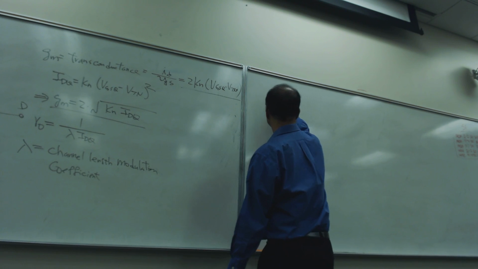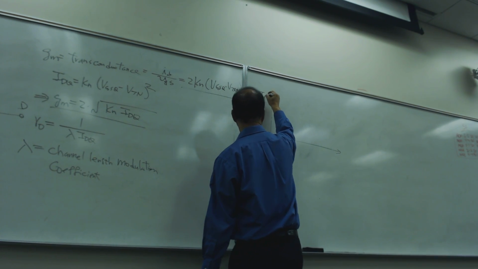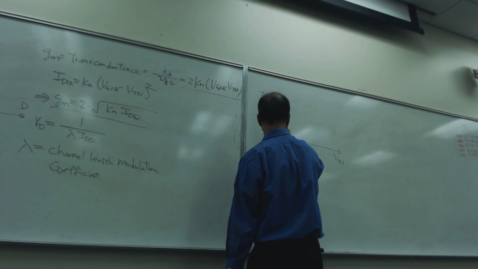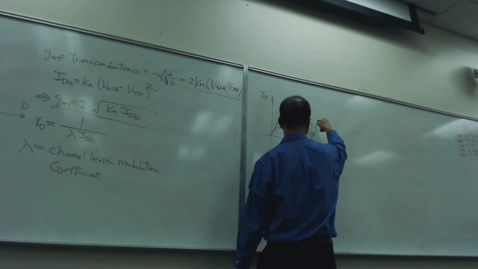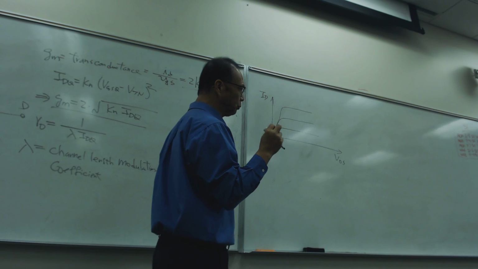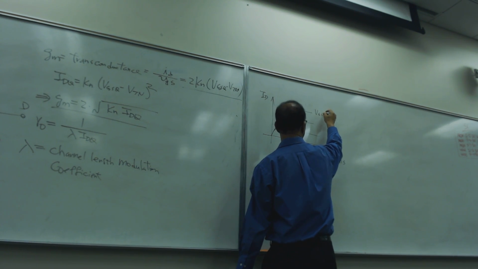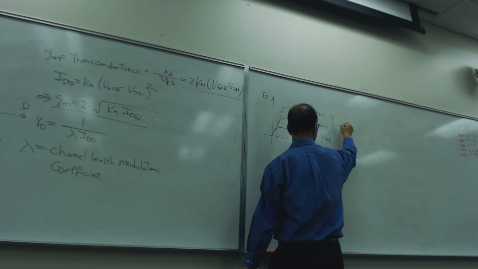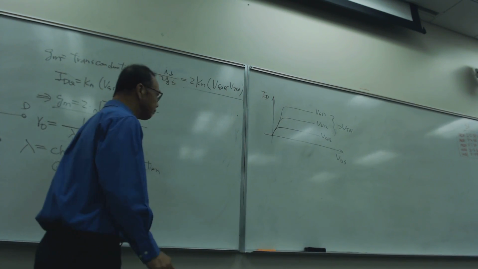When you do the measurements of I_D versus V_DS, you get a family of curves, correct? And each one of the curves represents a specific V_GS: V_GS1, V_GS2, V_GS3, which must always be larger than V_TN, correct?